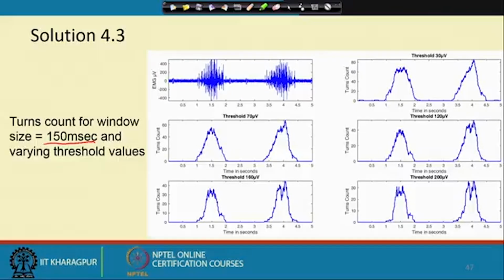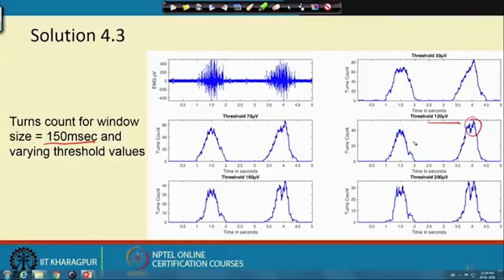When we go further to 150 millisecond, we get some more improvement in the smoothness of the envelope, and here we get 120 microvolt when the output is there. This is also very close to the threshold of 70 microvolt output, except that here it has a fault: instead of a single peak it has become two peaks, but if you look at the first one, it looks very similar to that.